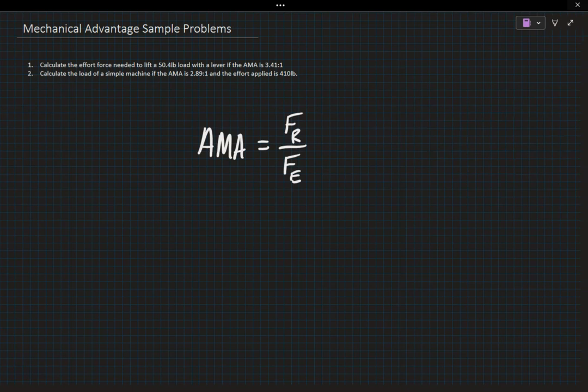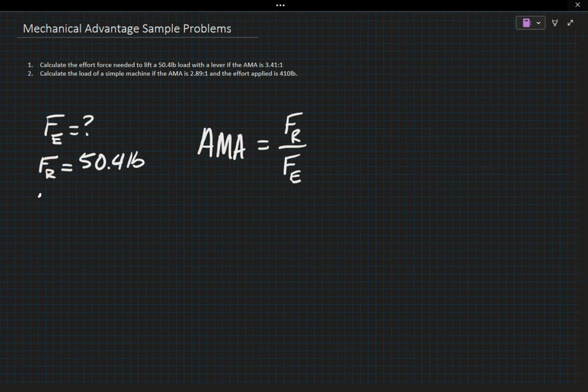So for this problem, we are looking for effort force. So that's FE. And we are lifting a 50.4 pound load. And I used this word because this word is commonly used to represent FR, our resistance force, whatever it is that we are lifting. And that is 50.4 pounds.